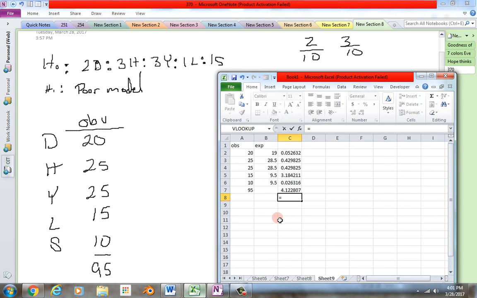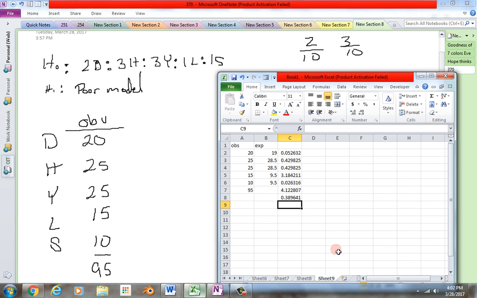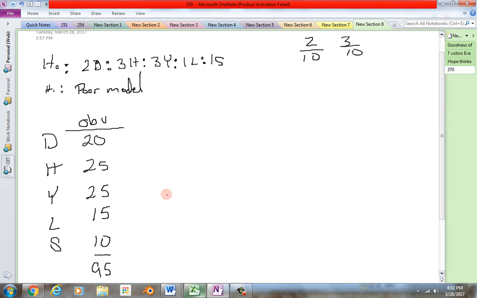So here again we go. It's going to be 1 minus chi-square dist, this guy, comma, degrees of freedom. There are 5 different hog types, so 4, and then 1. So we have a third, that's our p-value. Our p-value is 0.389. So our decision is to fail to reject.